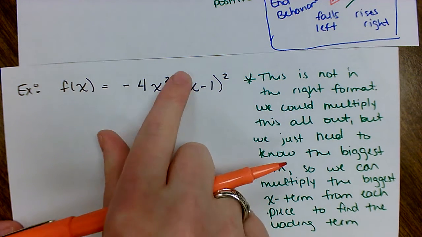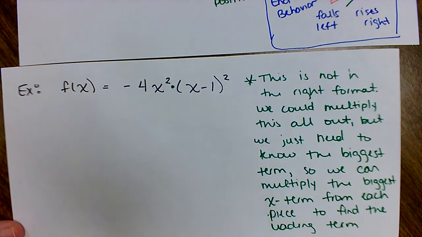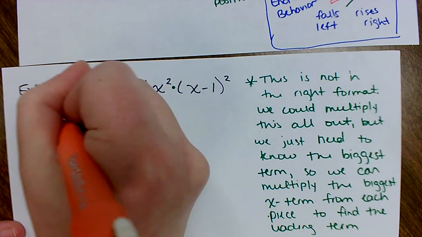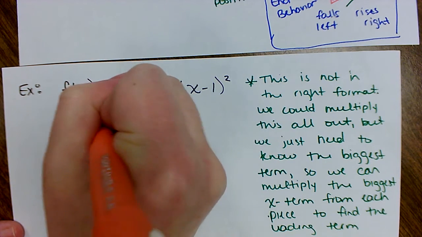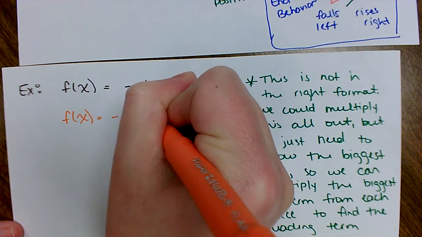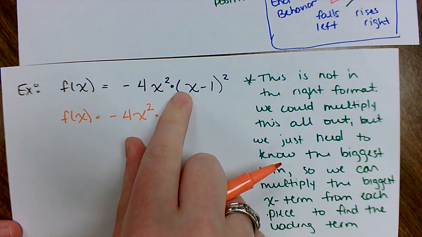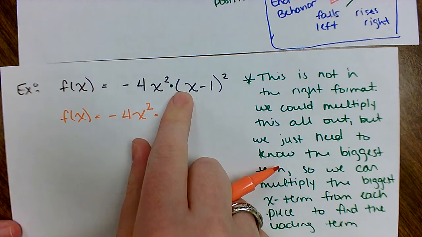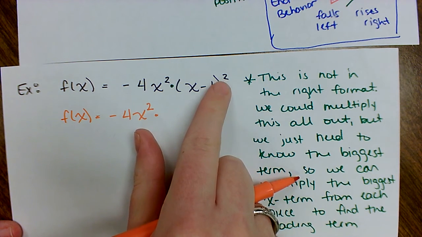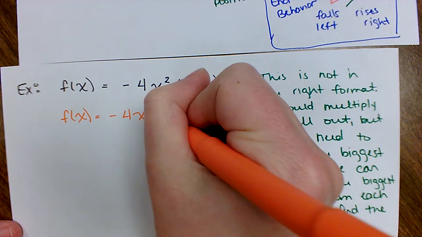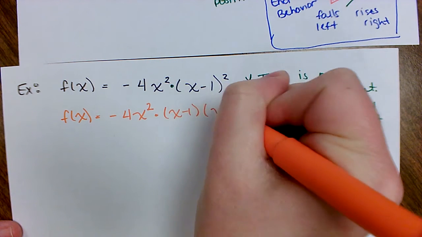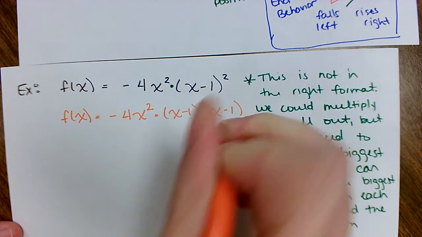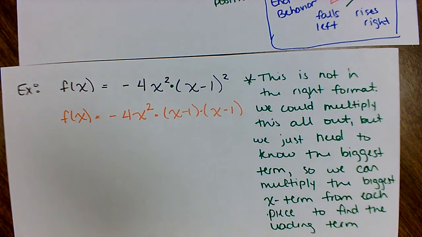So I kind of want to separate this out a little bit. Here, this negative 4x squared, that's one thing being multiplied. But then I have this x minus 1 piece how many times? I have it twice because it's x minus 1 squared. So times x minus 1 times x minus 1.